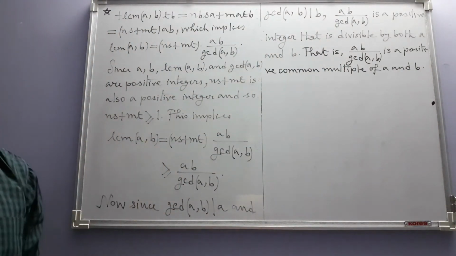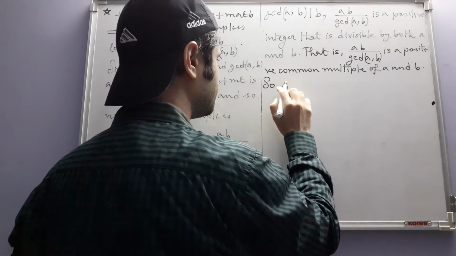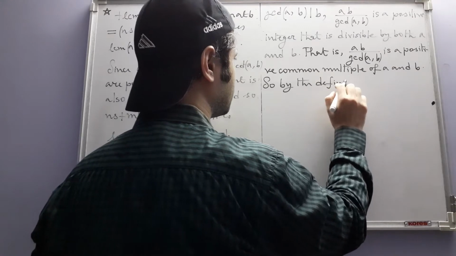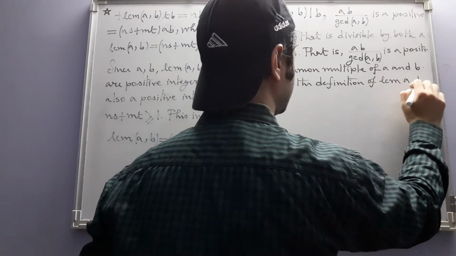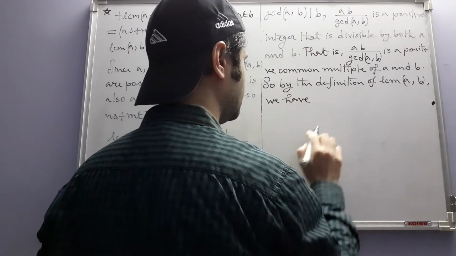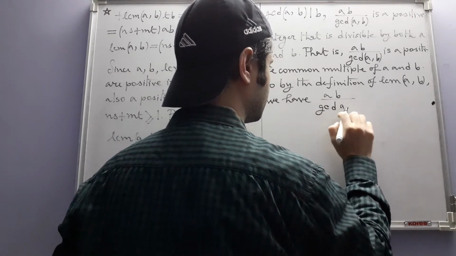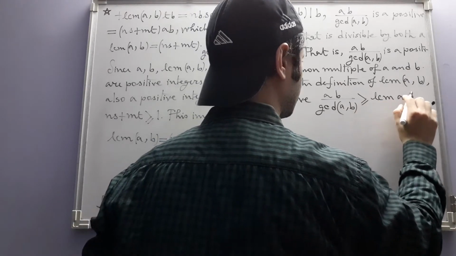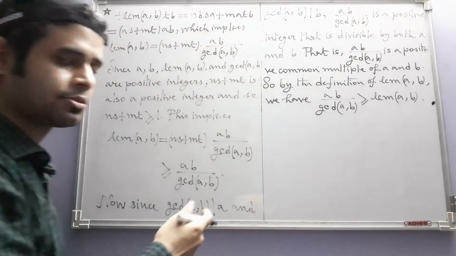LCM is the least among all the positive common multiples. So, by the definition of LCM of a and b, we have this is any common multiple, this is the least one, that's why this inequality.